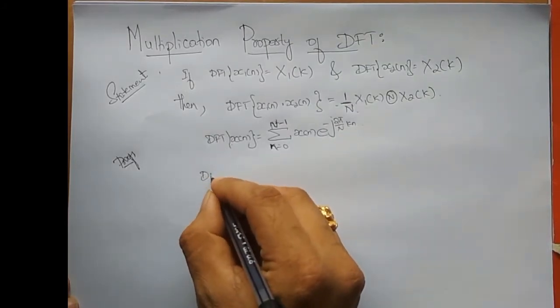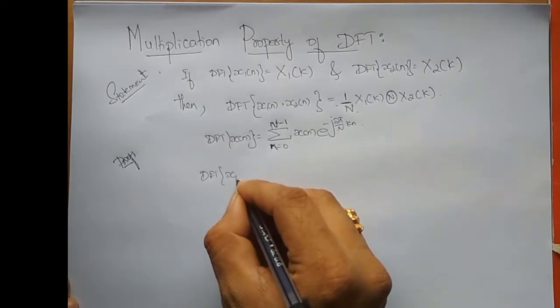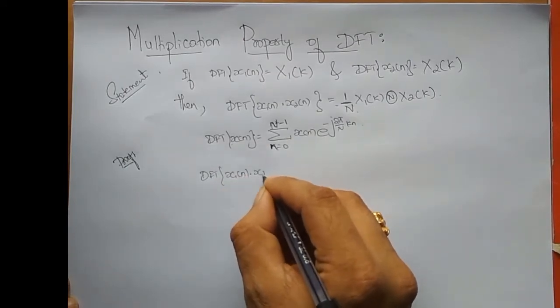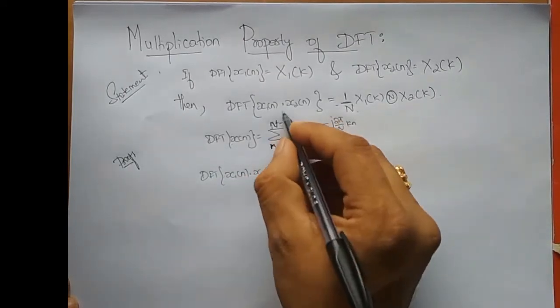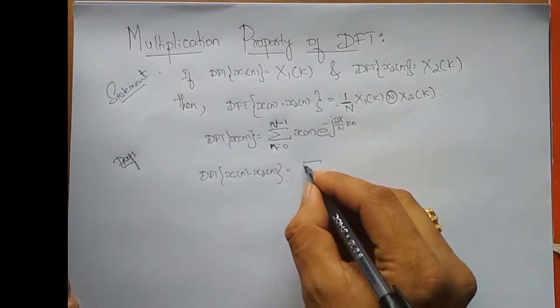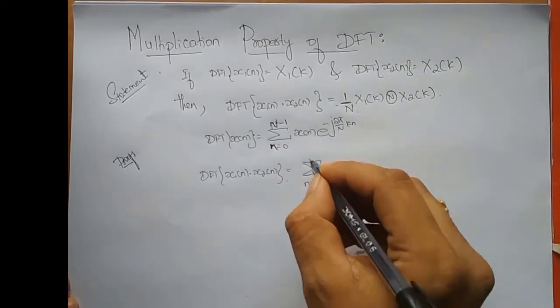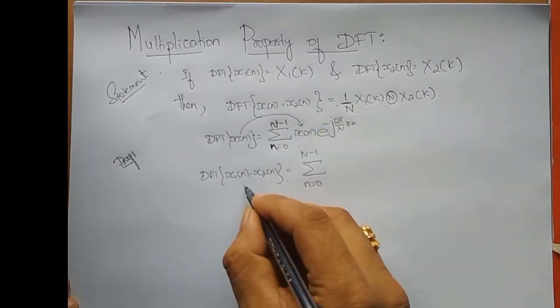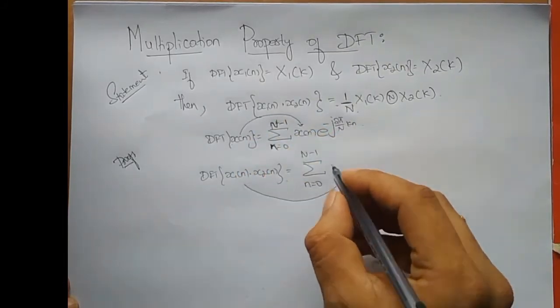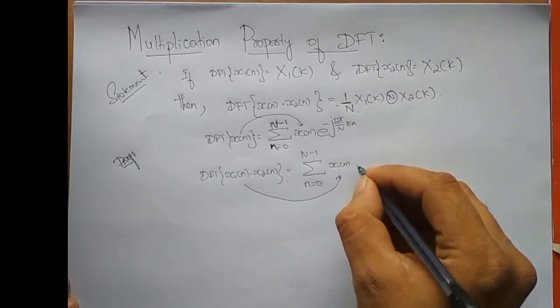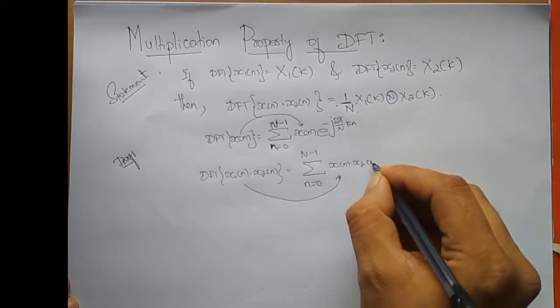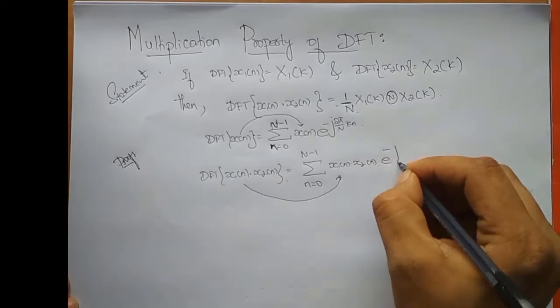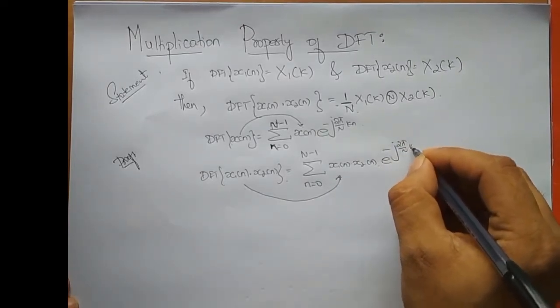So if this is the case, what is DFT of x1 of n into x2 of n? It is equal to summation n varying from 0 to N minus 1 of x1 of n into x2 of n into e power minus j 2 pi by N into kn.